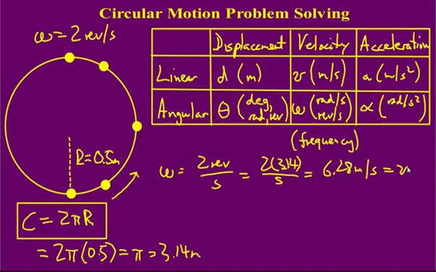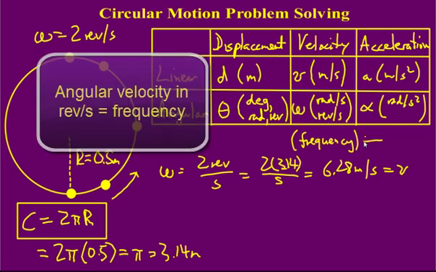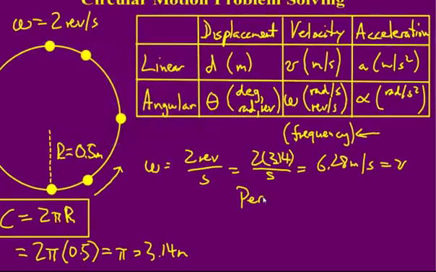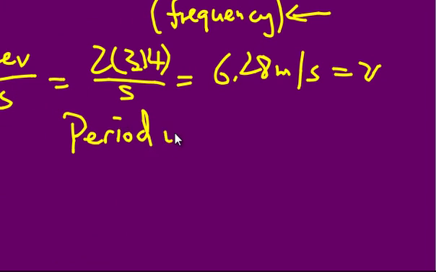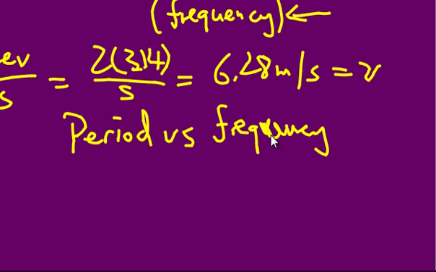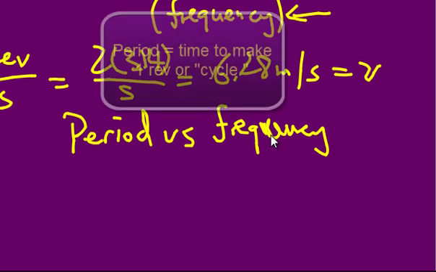Two other terms you came across in circular motion in the ladybug revolution are the term frequency, which you see right here, and the term period. Period versus frequency. Period is simply how long it takes for the object to make one revolution, which is what we would call one cycle.